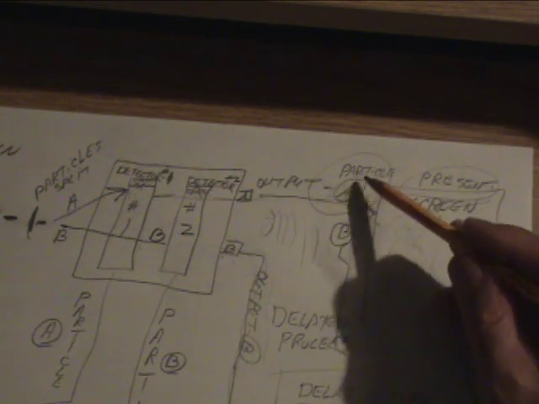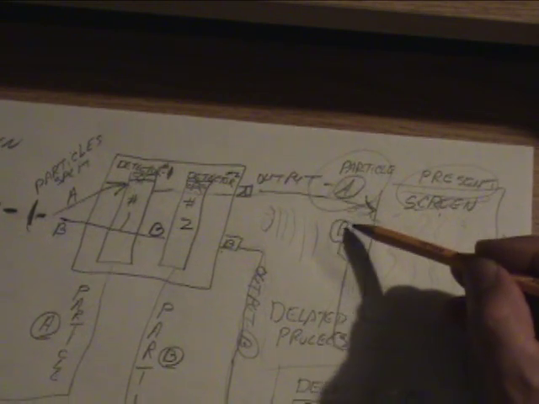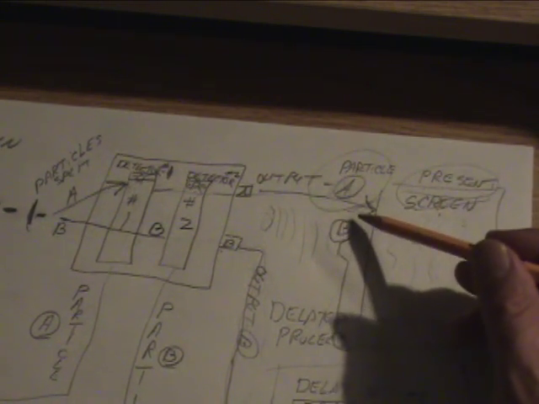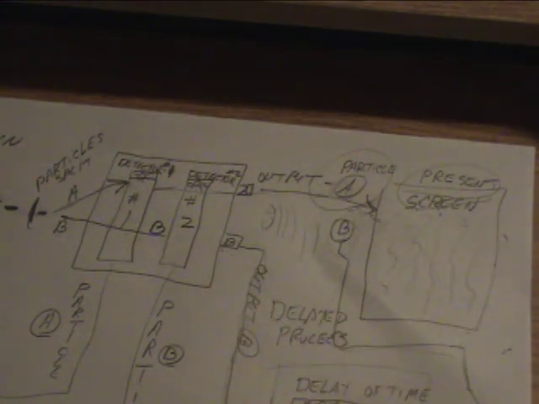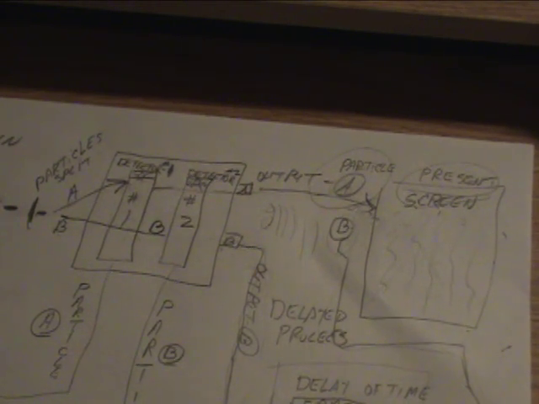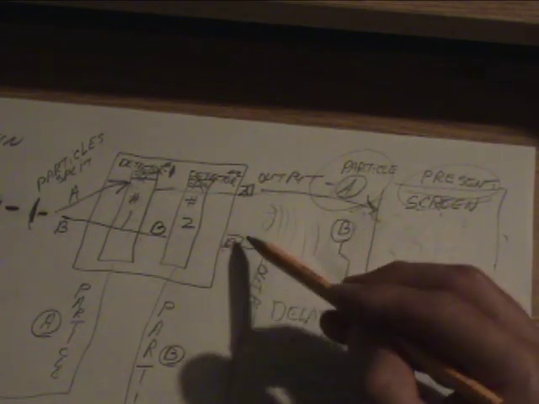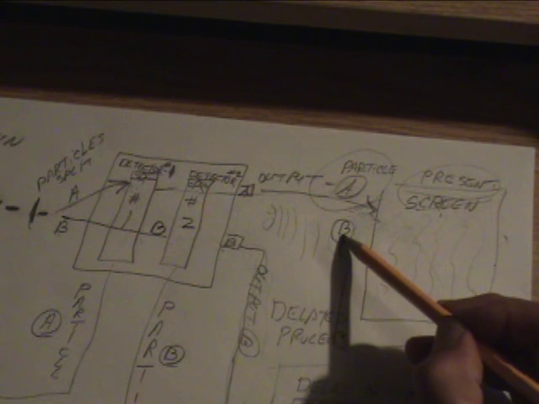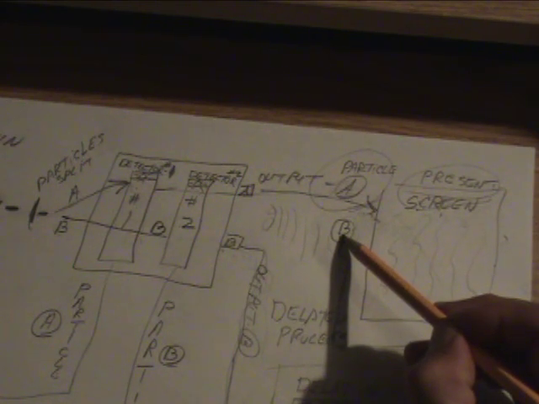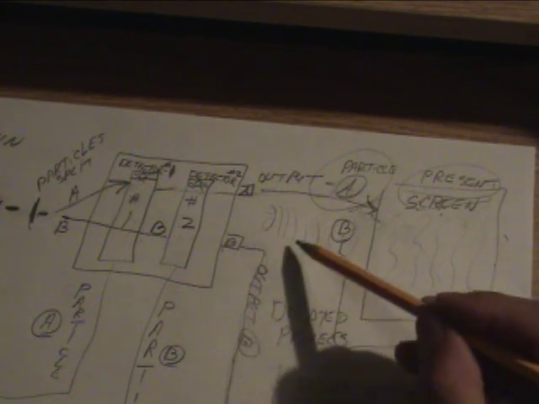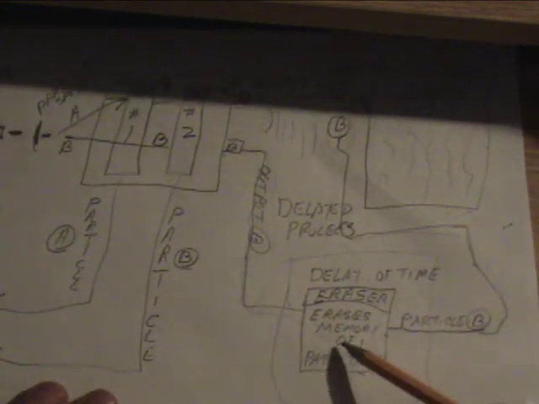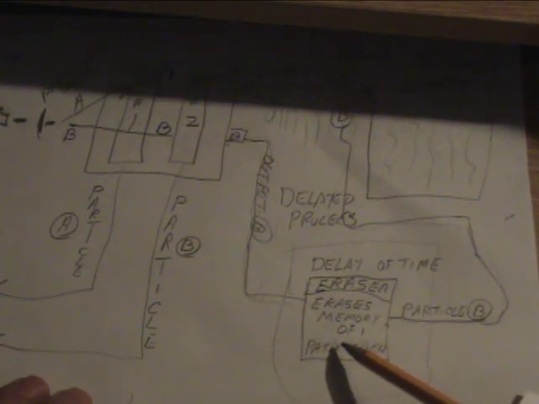The communication between particle A and particle B still existed and still reoccurred after particle B went through this long process in order to erase its memory, in order to erase the path that it took. And still, this particle communicated with the second particle. It basically told it which path it took after its memory had already been erased.